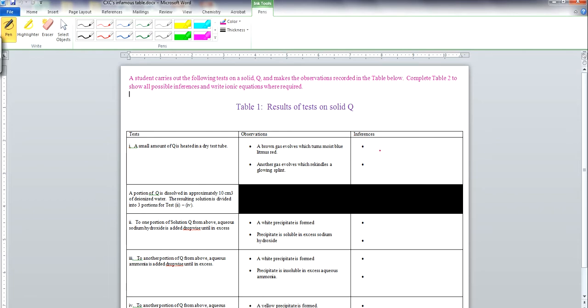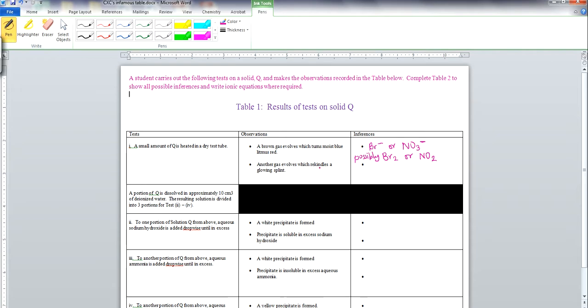You could infer that it was either due to the presence of bromide ions or nitrate ions being present, right? And then you could write possibly bromine gas was given off or nitrogen dioxide gas. Alright, so either one is fine.